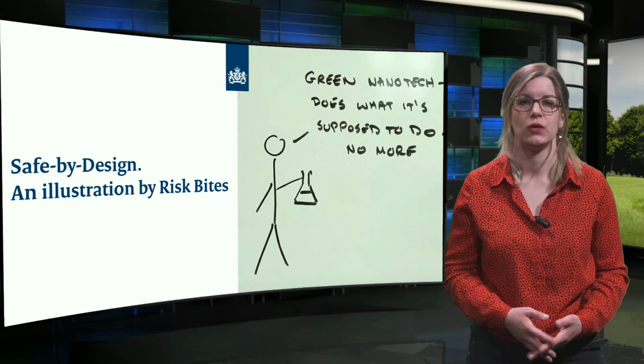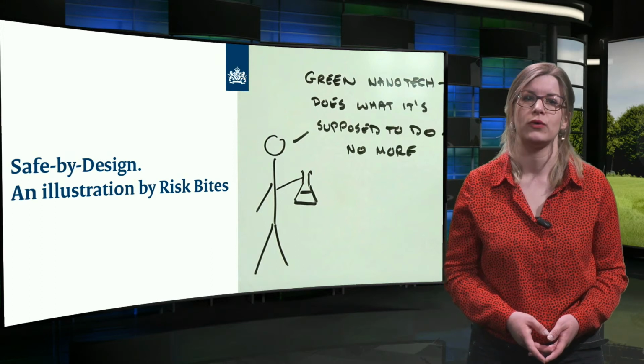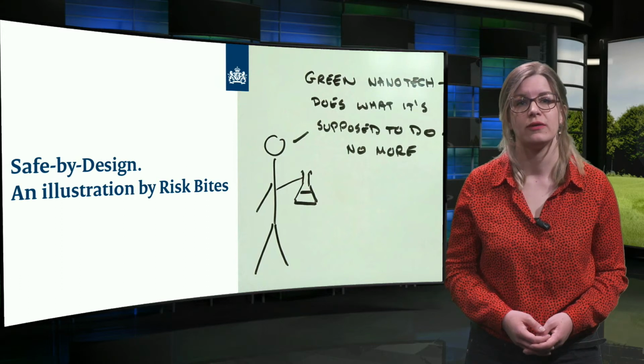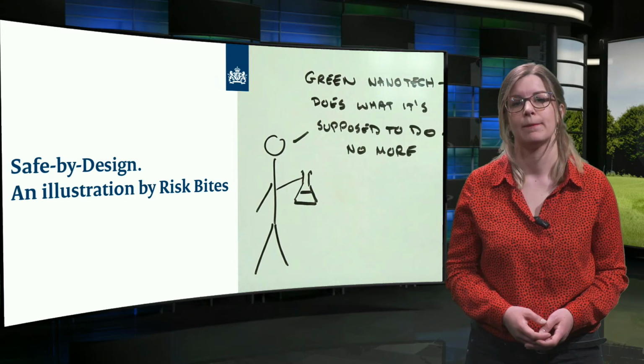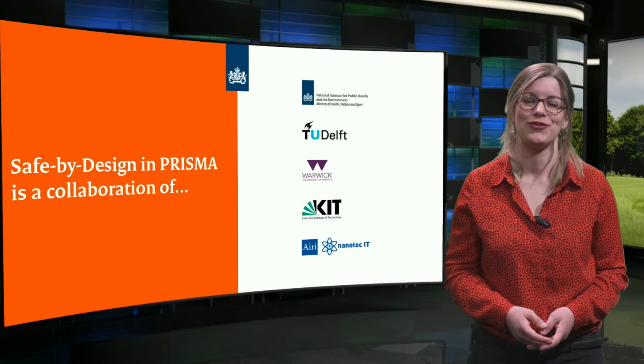This animation shows that incorporating Safe by Design into your innovation can help you develop safe innovations that are economically interesting. With this, I would like to finish up this introduction to Safe by Design.